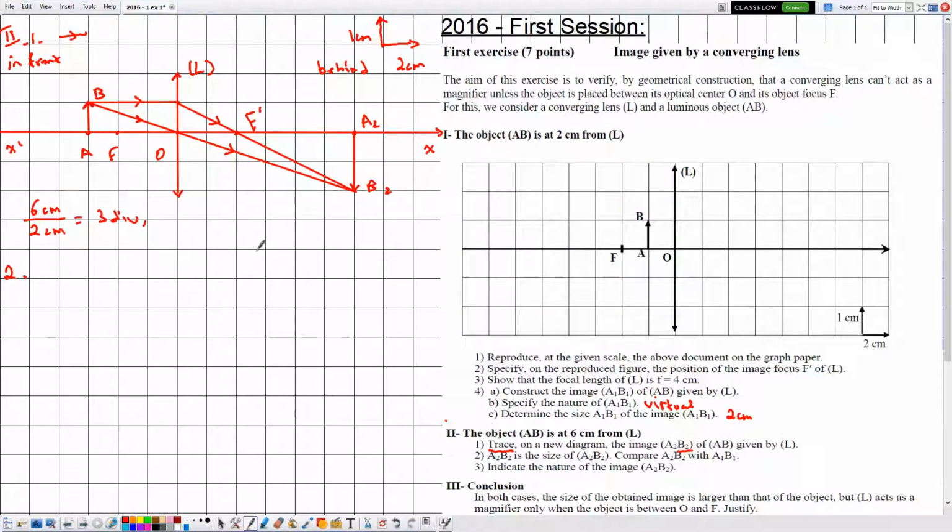Now in number 2 they are telling me A2 B2 is the size of A2 B2. Compare A2 B2 with A1 B1. In order to compare A2 B2 with A1 B1, first we need to calculate A2 B2. Then let's calculate the size of the new image.